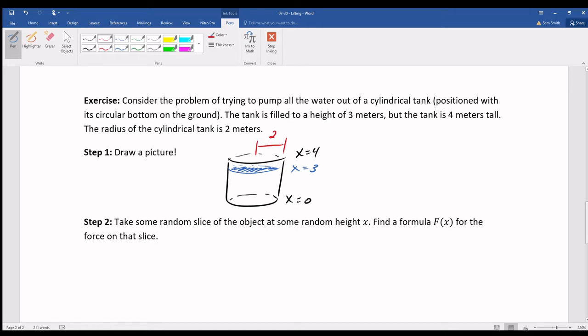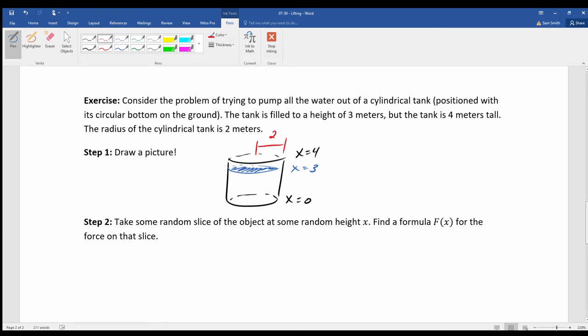The idea is that we are going to consider this full volume of water, and then we are going to take our bread knife and slice this volume of water. We are going to slice it up very similar to how we sliced up volumes of solids of revolution when we were calculating those volumes.